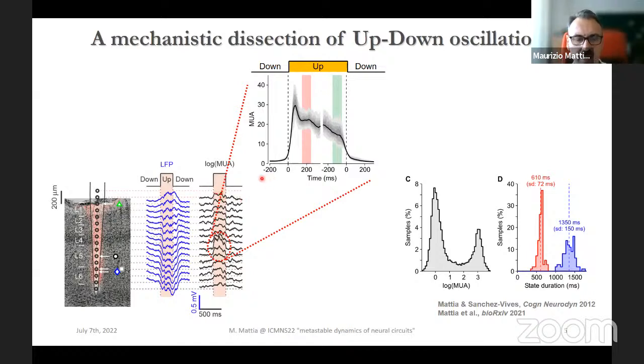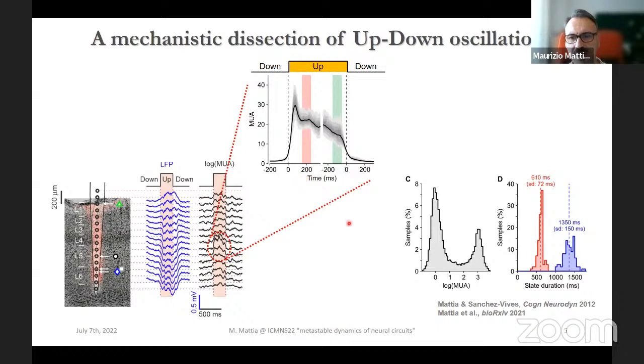And if you zoom in and you average across several upstates, you see that this is the average shape of the cycle down, up, down, at the level of the synchronous state induced by anesthesia in this case. If I remember, this is ketamine anesthesia.